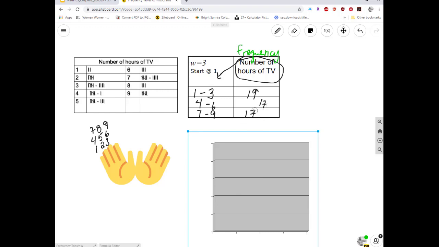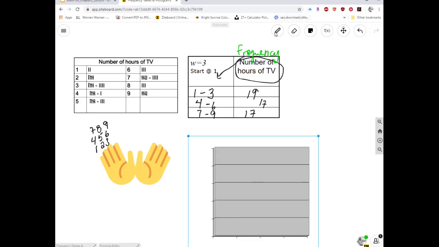I need to make these intervals so that I fit them all in there, right? So this first interval is going to be from 1, everything to 3, all the way up until we get to 4.